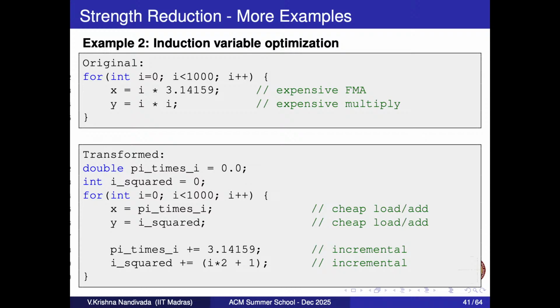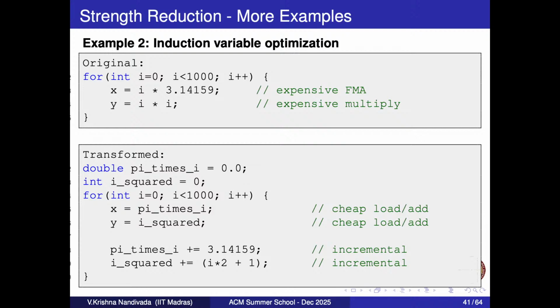If I have some value a and I know the value of a square, how will I get a plus 1 whole square?